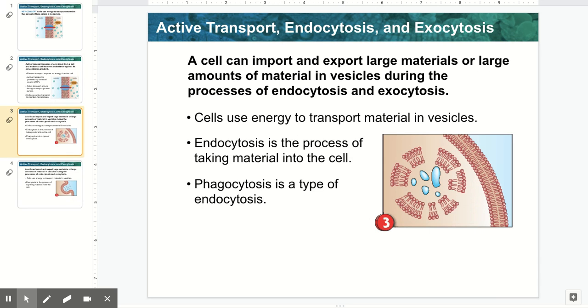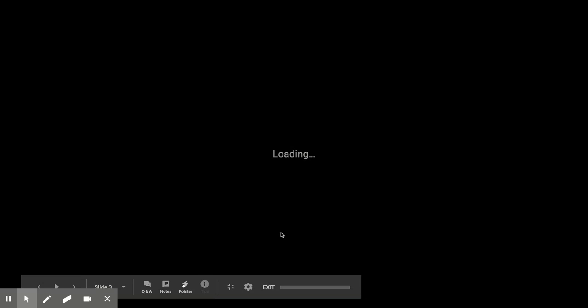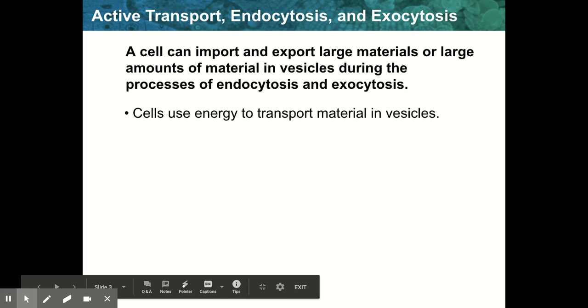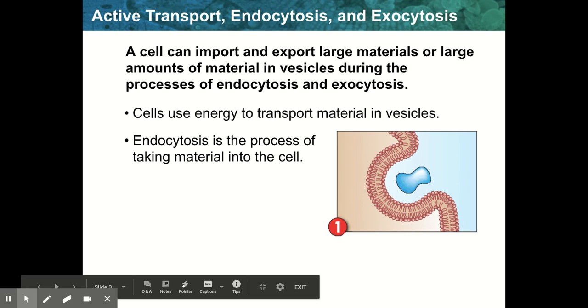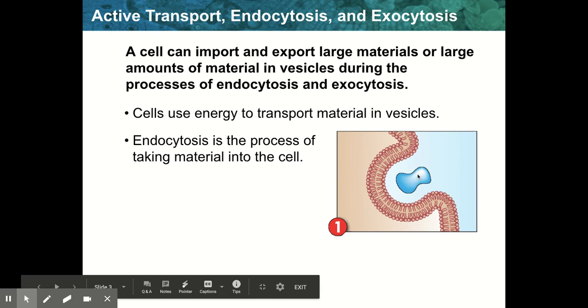In this next concept, we have endocytosis, where a cell takes in material. So here is the material.